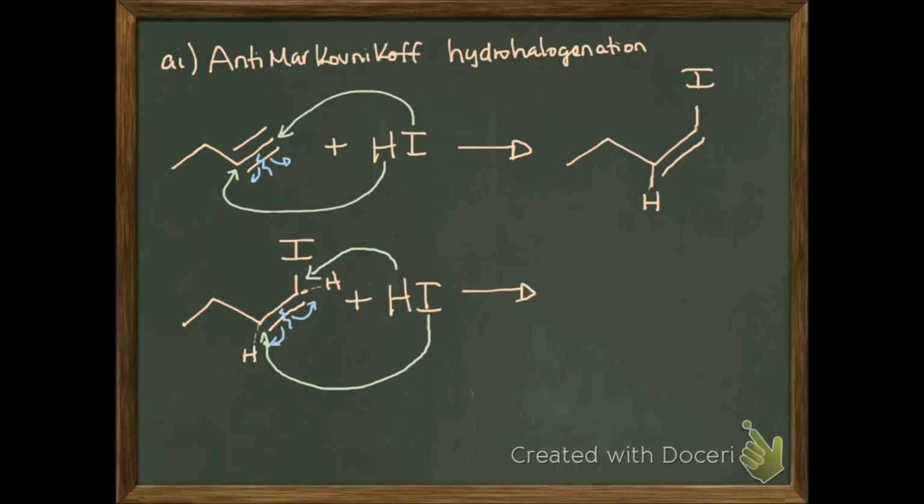So the result will be an alkane with two halogens in the two different carbons, like this. The new hydrogen will come here, and then we will have this kind of alkane.